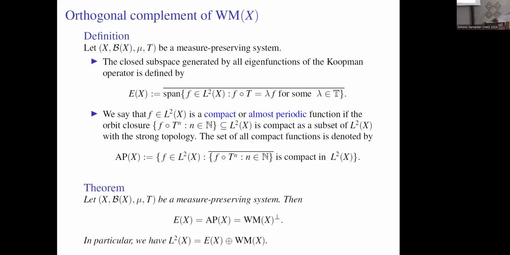Okay. And now what is very important here, it turns out that the orthogonal complement to weakly mixing functions is the space of all almost periodic functions. And on the other hand, almost periodic functions in fact coincide with the space of all eigenfunctions. And so therefore, we will have this decomposition.